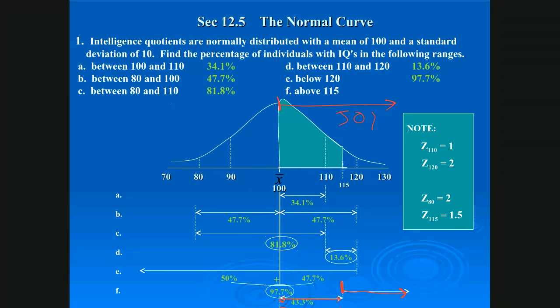That's 50% minus 43.3%, and we wind up getting 6.7%. And so 6.7% of individuals have a score above 115.